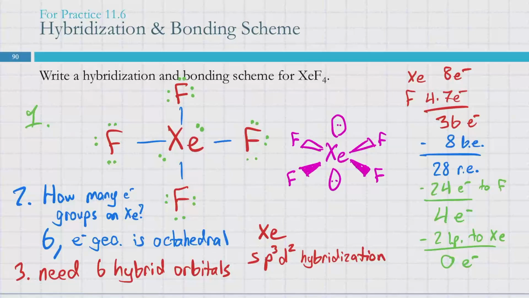So this should be a square planar geometry so that our lone pairs are as far away from each other as they can be. And if we look at one of these bonds, because they're all going to be the same, we're going to get a sigma bond between our xenon, with the sp3d2 hybridized orbital, and the fluorine with the p orbital.